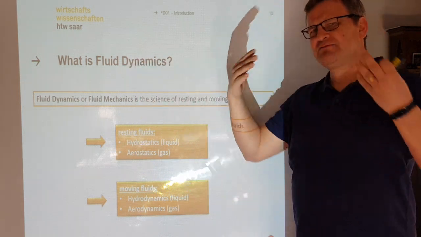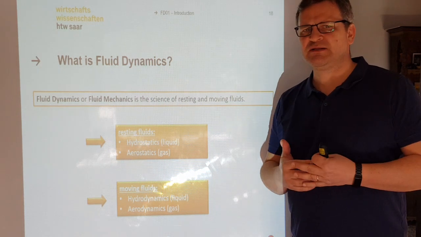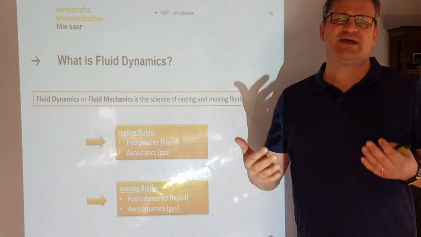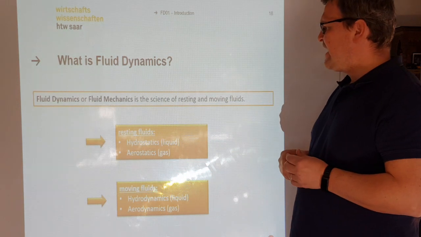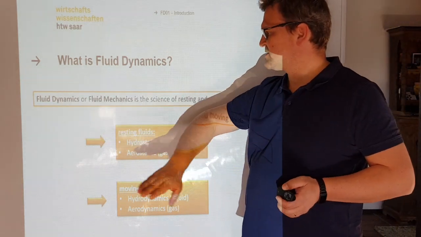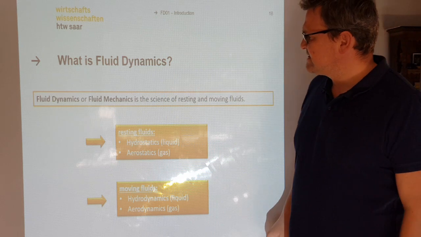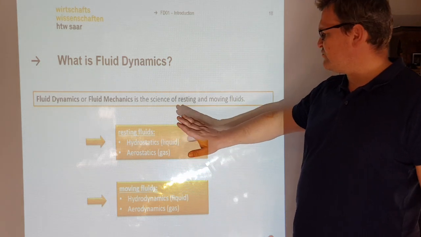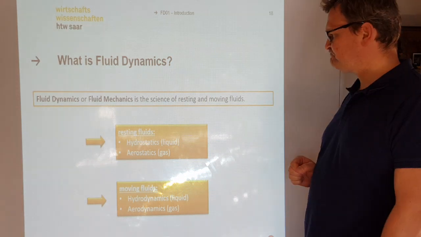In many cases, you can't see the fluid flow, you can't see the movement of water, or the movement of air in the sky. Fluid dynamics is also called fluid mechanics, and this is in general the science of resting and moving fluids.